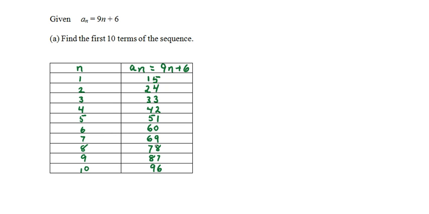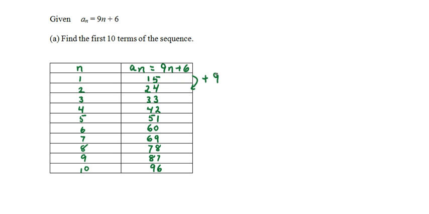Now, in the second part of this problem, we are to graph the terms in this sequence. So we'll be graphing the point 1, 15, and then 2, 24, then the ordered pair 3, 33, etc. Notice that the difference between these terms is 9.